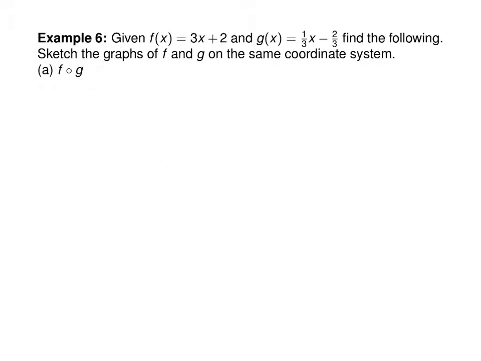Okay, so for these, we're going to find f of g and g of f, and then we're going to sketch the graphs of f and g on the same coordinate system. Some special things are going to happen here. So f of g of x. In for g goes 1/3 x minus 2/3.